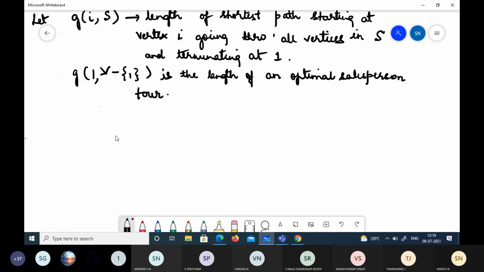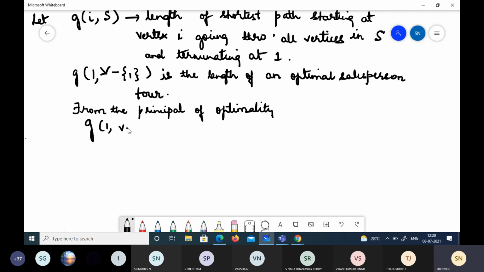From the principle of optimality, it follows that g of 1 comma V minus 1, which means from 1 to all other vertices than 1.